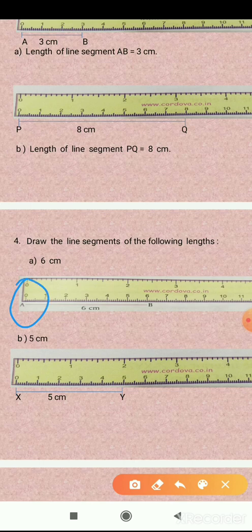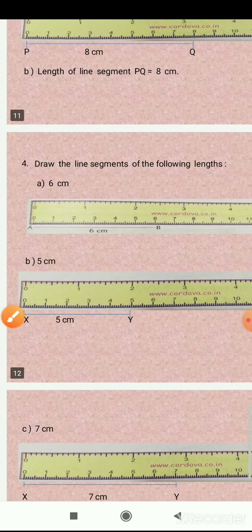Then put the 0 mark of the ruler at point A and mark another point B against the 6 centimeter mark of the ruler, and then draw a line along the edge of the ruler from A to B. So AB is the required line segment of length 6 centimeter.